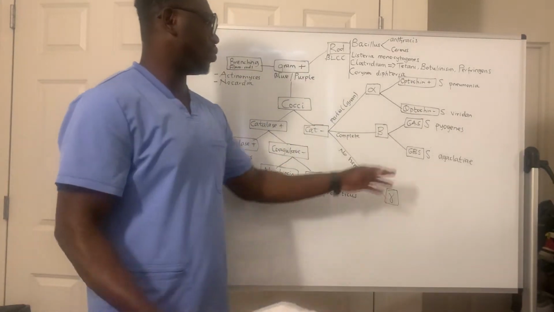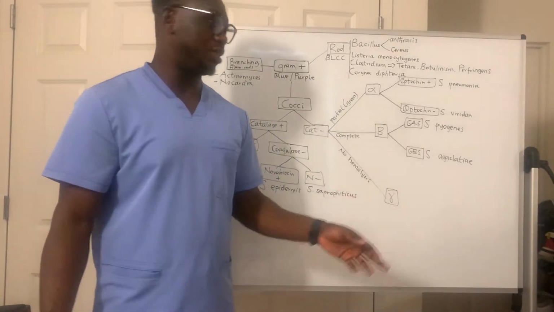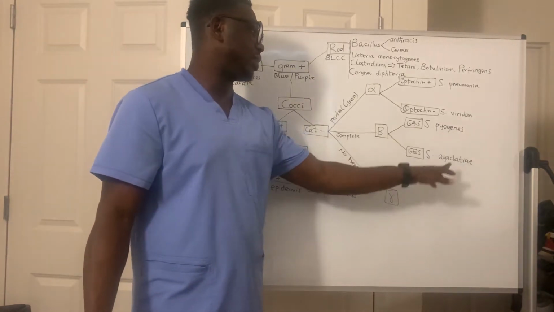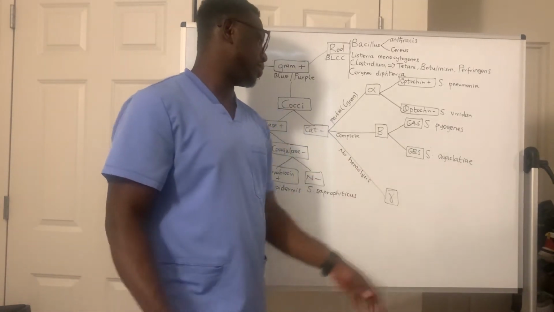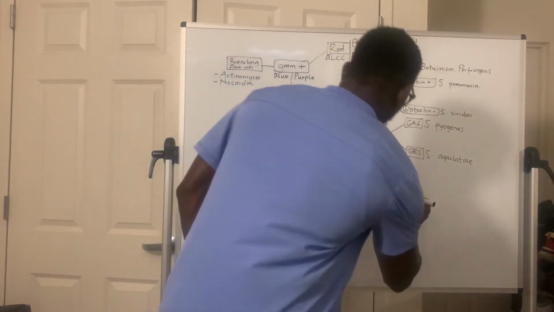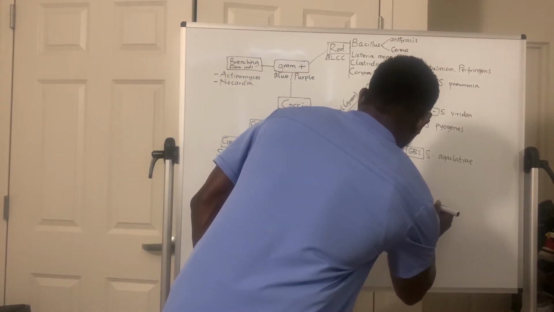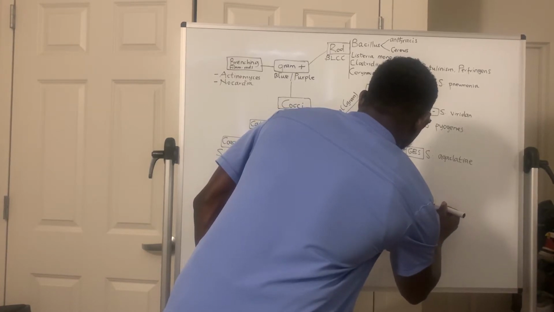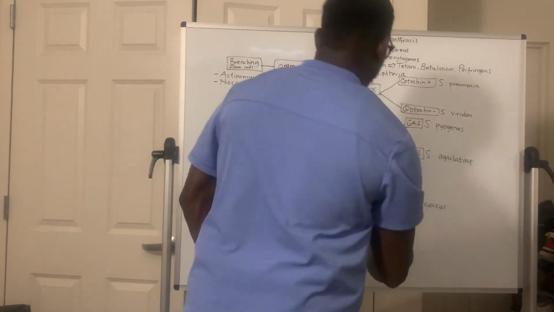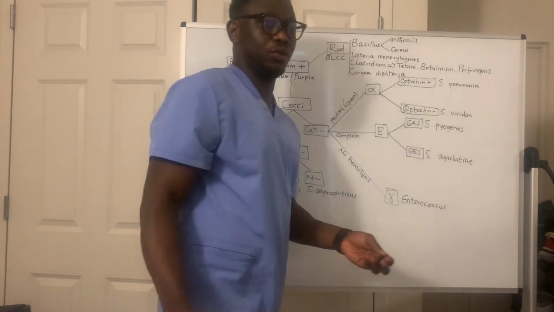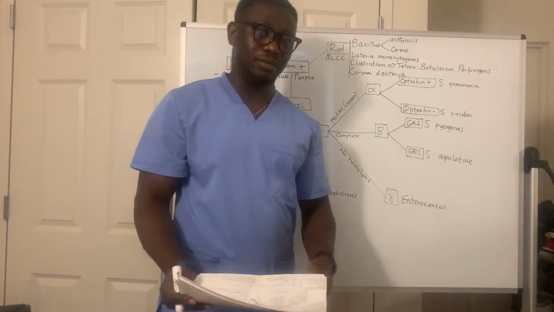Another way we can separate these is bacitracin, because group A is bacitracin positive and group B is bacitracin negative. And for the gamma, we have the enterococcus. All the enterococcus groups fall under the gamma hemolysis, which means there will be no hemolysis.